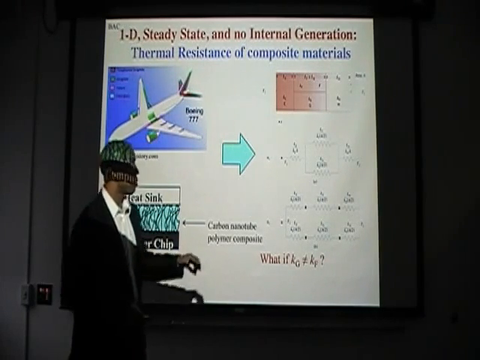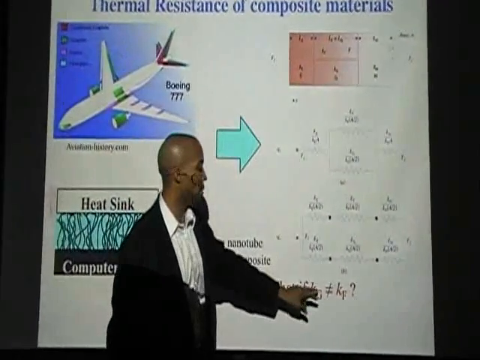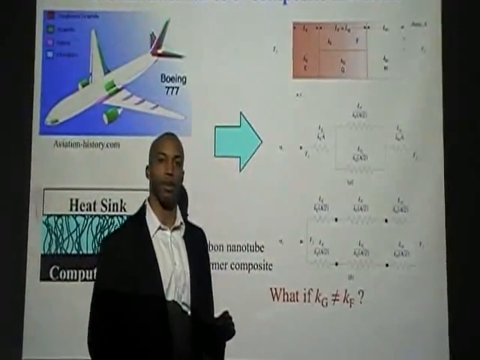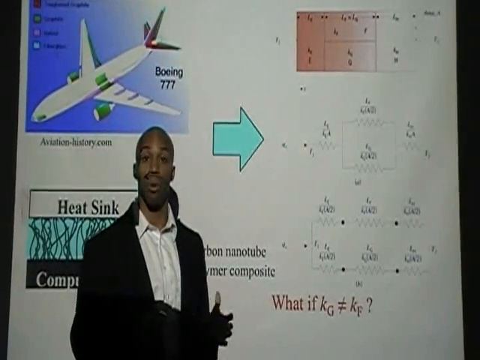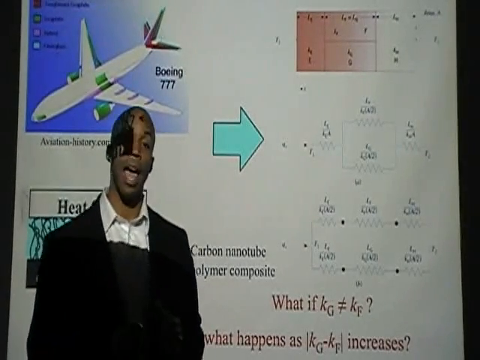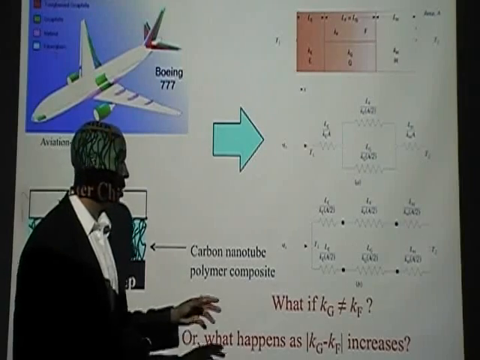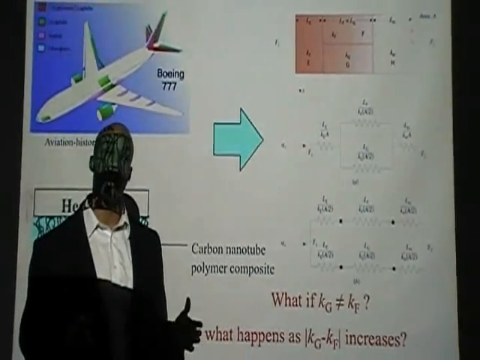So what if, with these two materials that are in parallel, their thermal conductivities aren't equal? We already said they're not equal, but let's think more about that. Taking it even further, what happens as the difference between these two thermal conductivities increases?